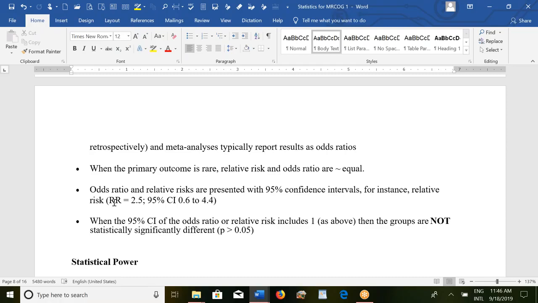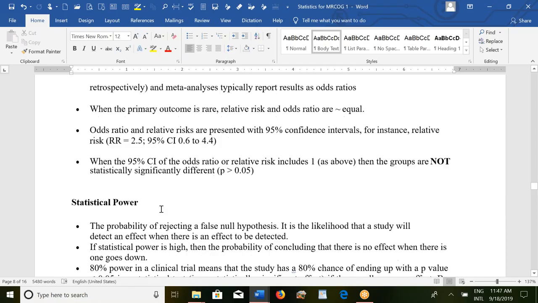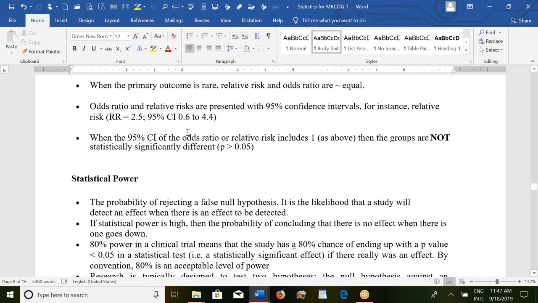So when the 95% confidence interval of the odds ratio or relative risk includes 1 as above, then the groups are not statistically significantly different. So 1 means that the groups don't have any significant differences. Yes, that's how you express them.